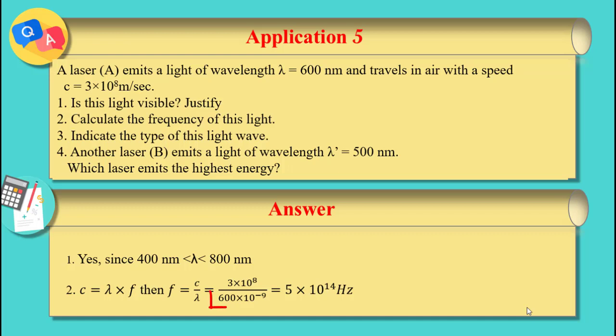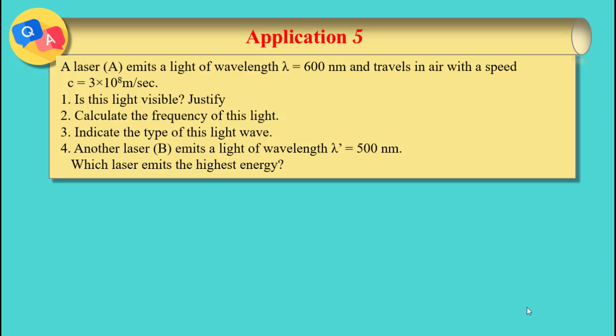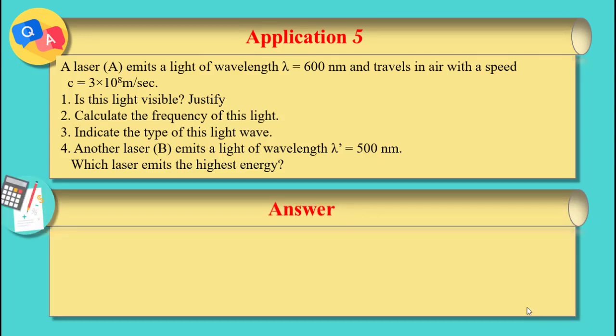From nanometer into meter we multiply by 10 to the power minus 9. Substituting the values in the equation gives us 5 times 10 to the power 14 Hertz. In the third part, you are asked to indicate the type of this light wave. It is a light wave, an electromagnetic wave, then it is a transverse wave.